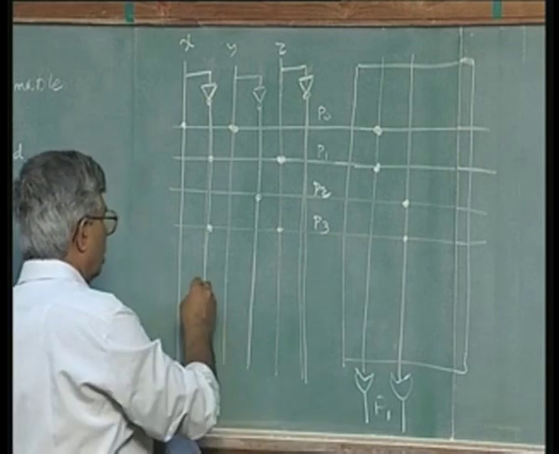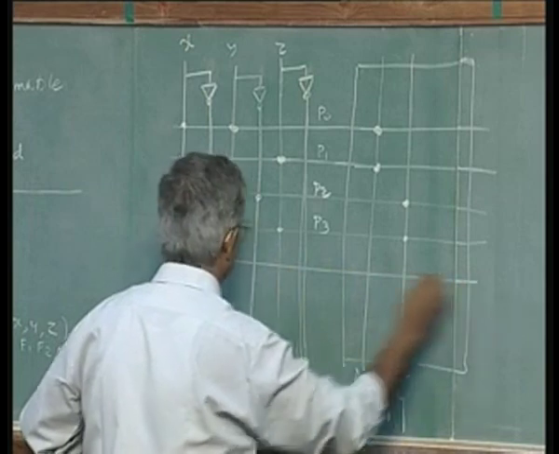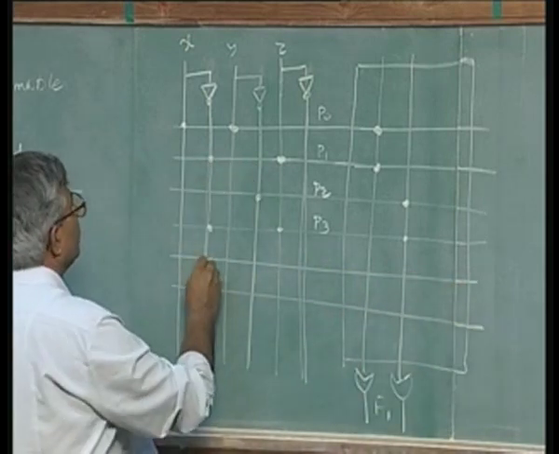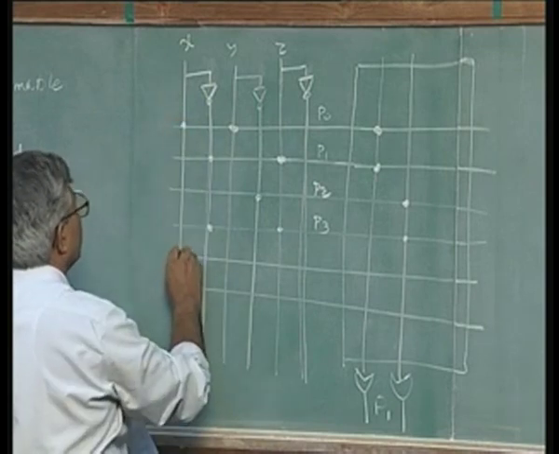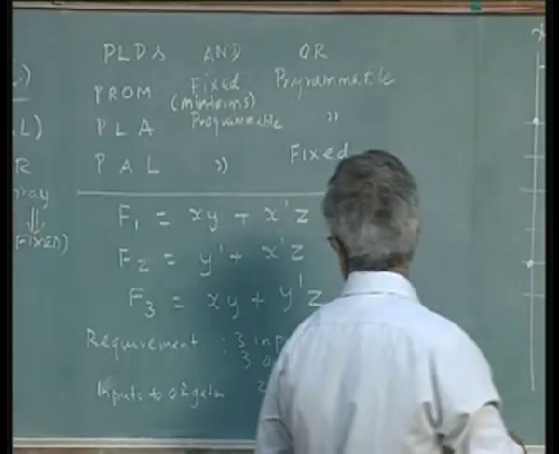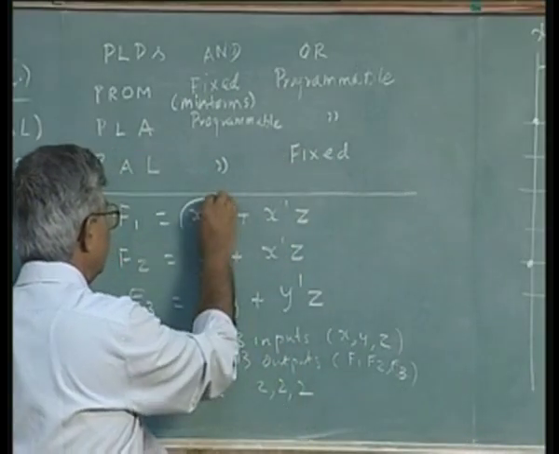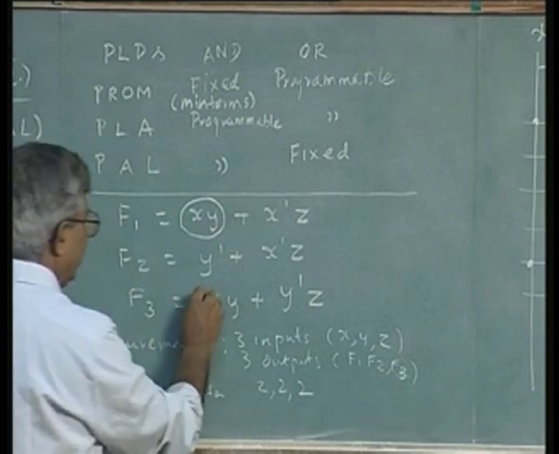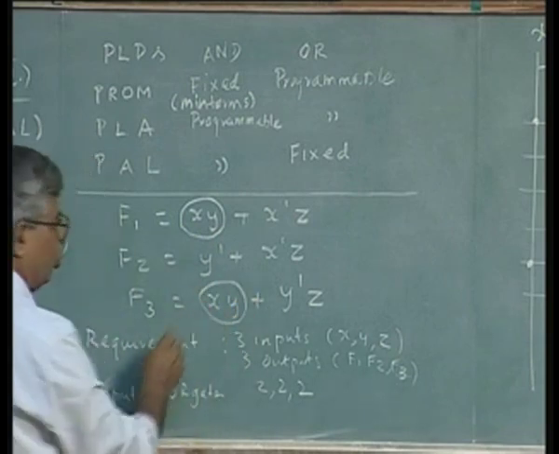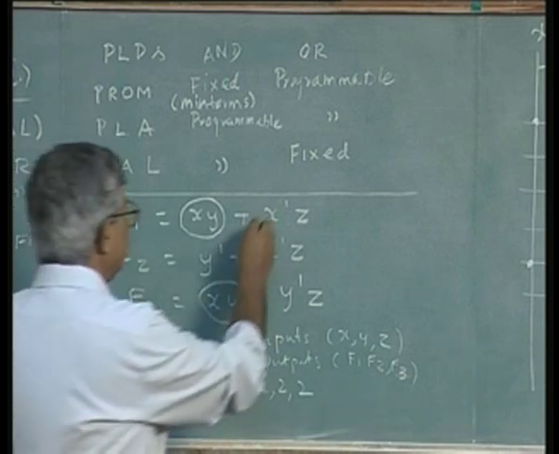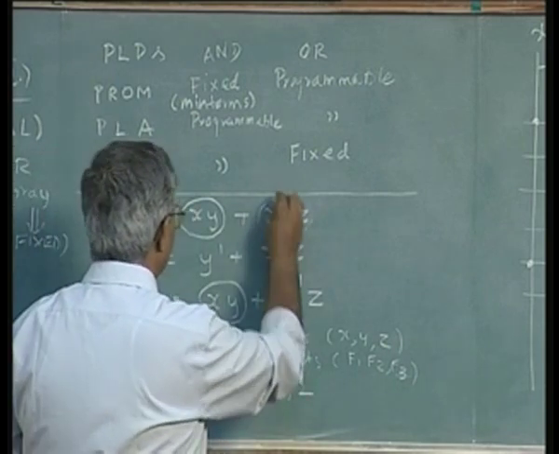Now, the third one is xy. This is what I mean. This xy is generated already for F1. We are generating it again for F2. We have not used what we generated already. Likewise, we had generated this x bar z for F1.